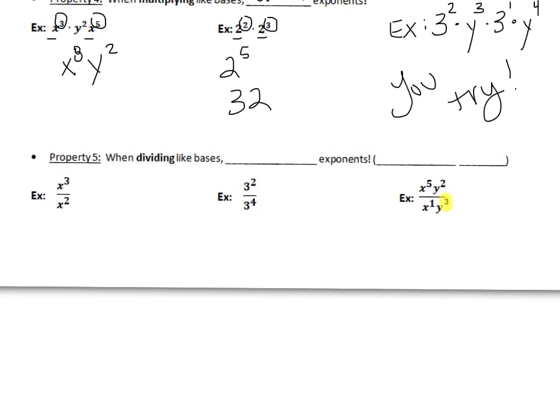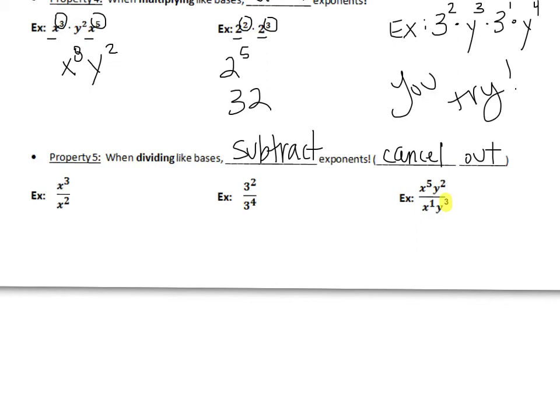And property 5. When dividing like bases, well, dividing is the opposite of multiplying, so since we added exponents, we'll now subtract. Or if you want to think of it as just canceling out, you can cancel out exponents. All right, so in our first example, our like bases are the x's, and so we can subtract their exponents.